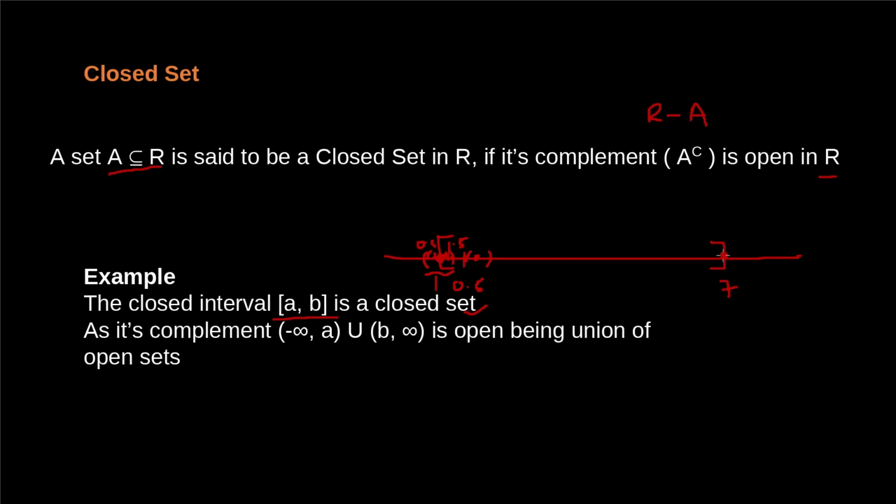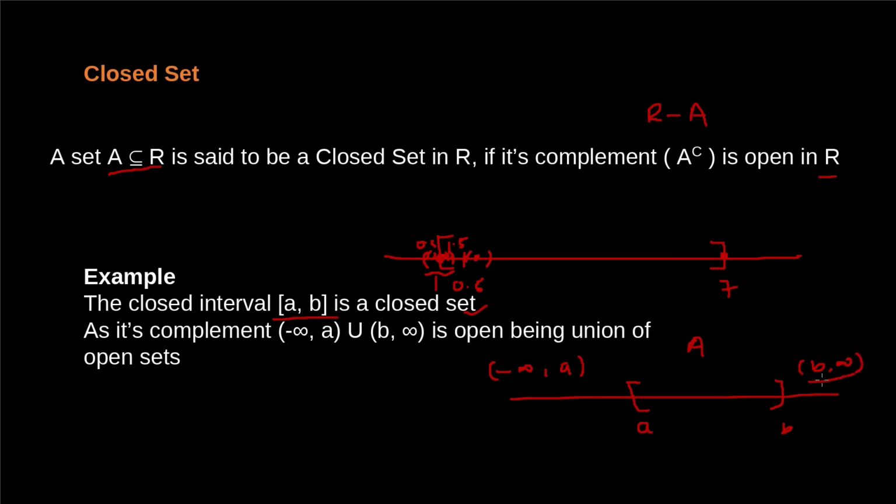So we can say that the closed interval is a closed set because it is not open. And also we can say that the closed interval [a, b] is closed, since, suppose we have a closed interval [a, b], so this is set A which ranges from a to b, and its complement is clearly from minus infinity to a, and on this side from b to infinity.